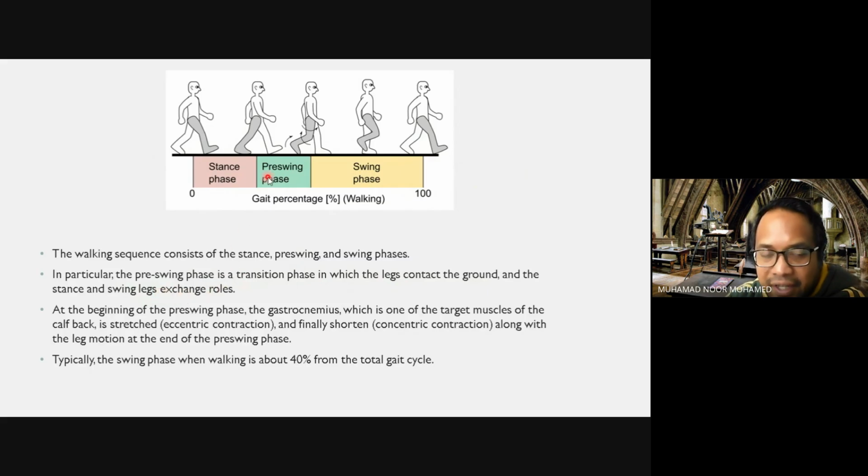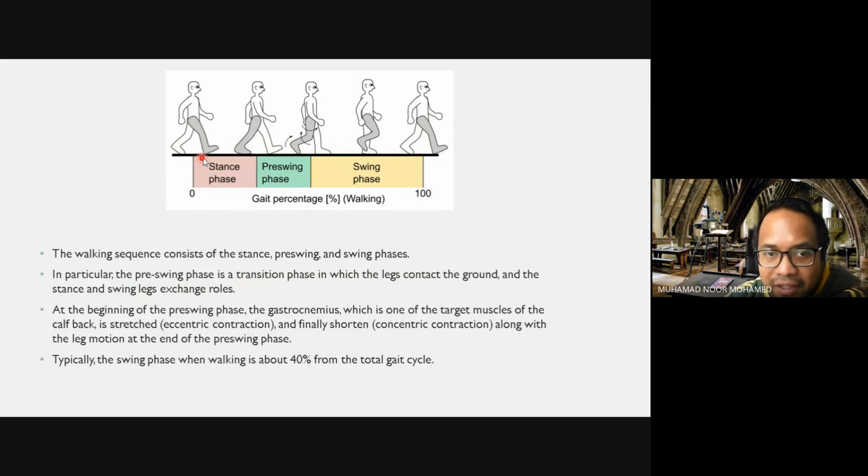Okay, apa yang exchanging roles? Okay, tengok kaki kanan dia. Stance phase, contact with the ground. When that happens, kaki kiri dia akan berada pada fasa swing. Maksudnya kaki kanan contact, kiri dia akan swing. So pre-swing is a phase where our right leg is at the point of last contact and our left leg already swung and contacted.